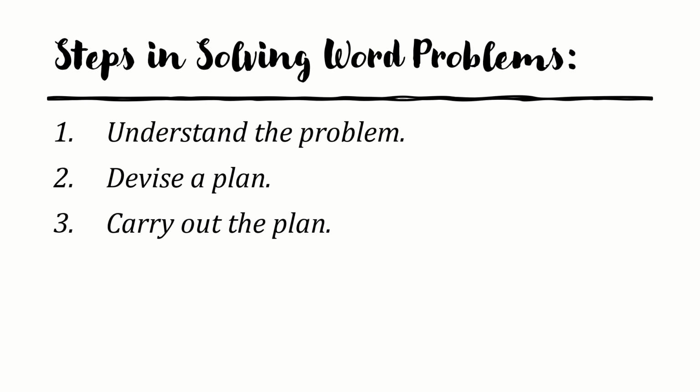And step 4. Look back. Verify if the solution obtained is meaningful to the problem solved. Again, the 4 steps in solving word problems involving linear functions are: understand the problem, devise a plan, carry out the plan, and look back.